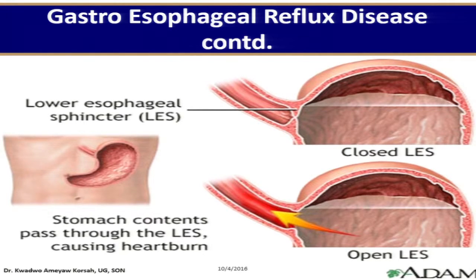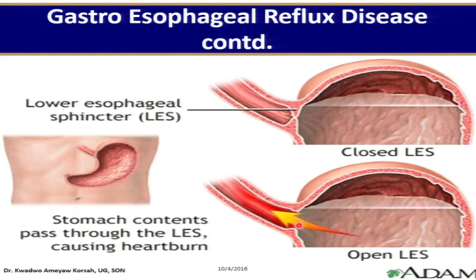On the screen we have some pictures, and let us look at these pictures and see what will happen. Here we have a section of the esophagus, and we have the lower esophageal sphincter. There is this closed lower esophageal sphincter, and this one is open.